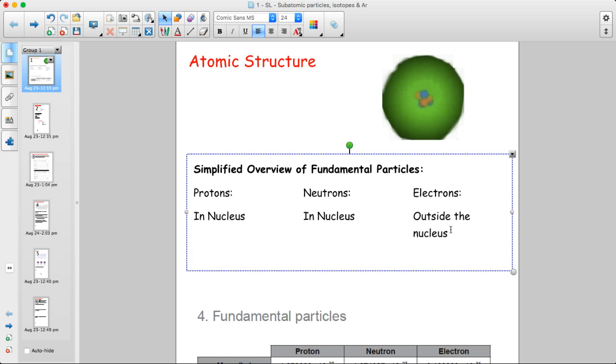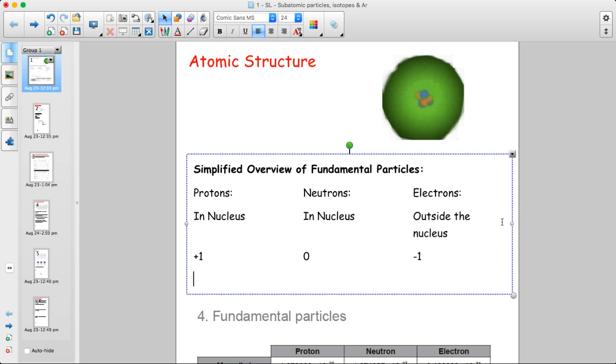Protons have a +1 charge. Neutrons have 0 charge, and electrons have a -1 charge. Okay? And atoms are neutral, meaning they always have the same number of protons and electrons so long as they are still considered atoms. In terms of mass, a proton can be considered to weigh 1 AMU, or 1 atomic mass unit.